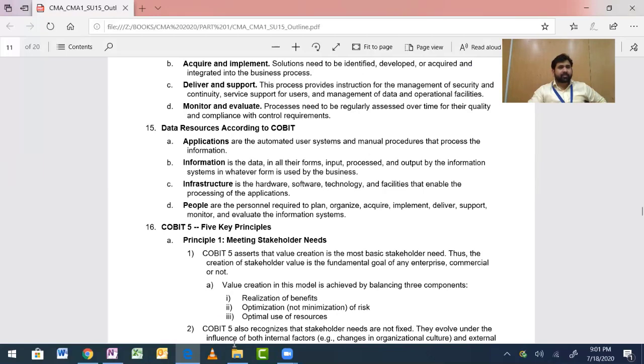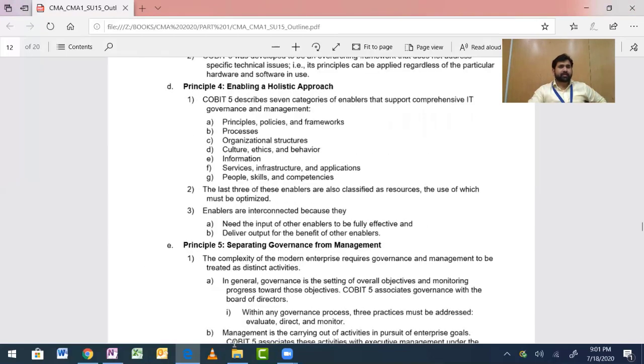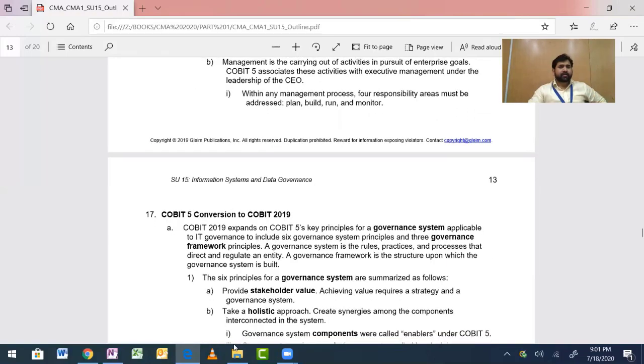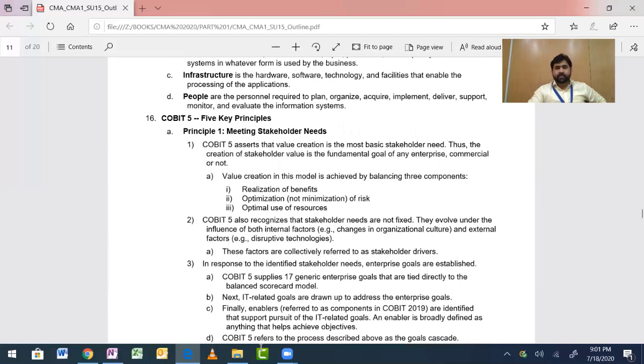Key principles. Okay. So key principles for COBIT are like this. Principle 1, meeting stakeholders' needs. All right.